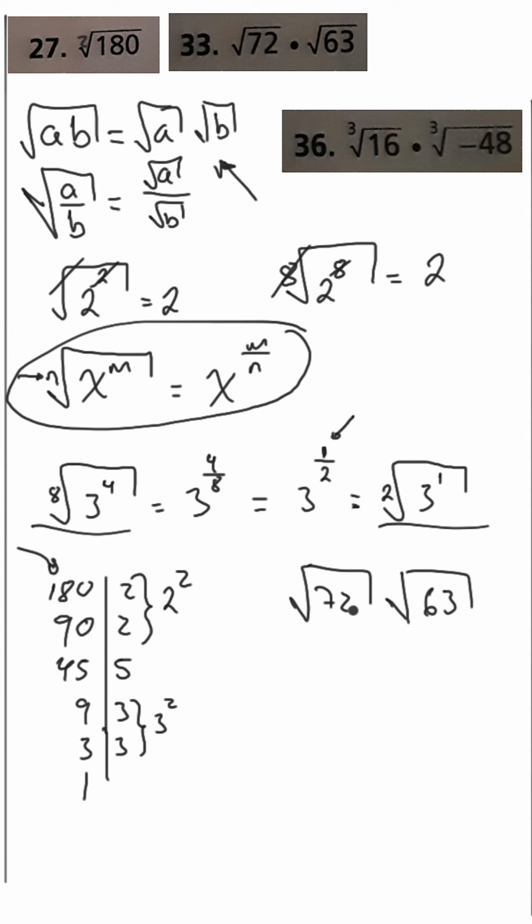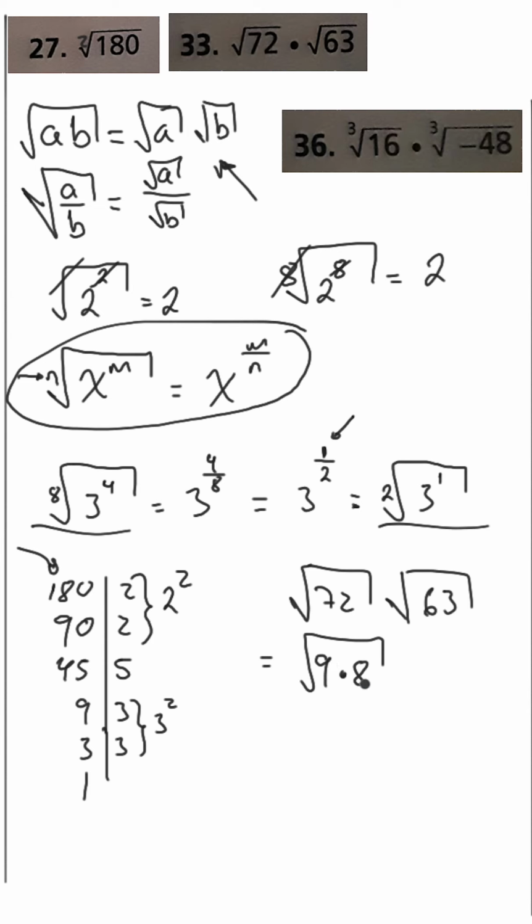So for example, 72, what I can realize over here is that I can actually write the 72 as 9 times 8. Now, why do I want to write it as 9 times 8? Because the 9 has an exact square root, all right? And you're going to see why this is going to be helpful.